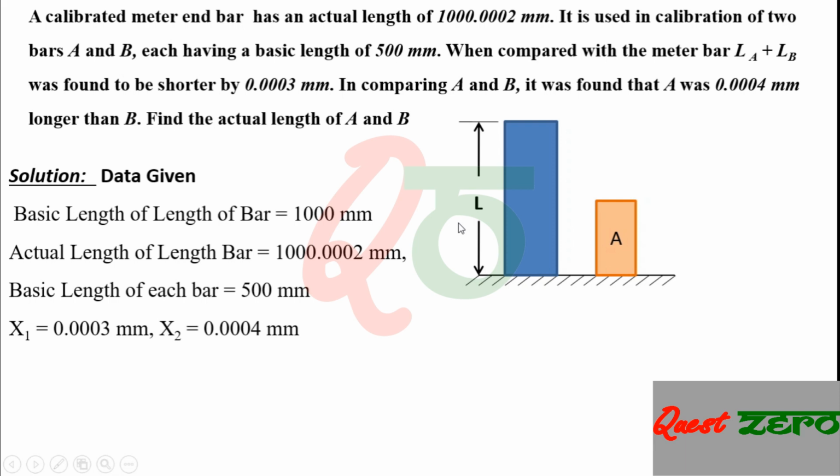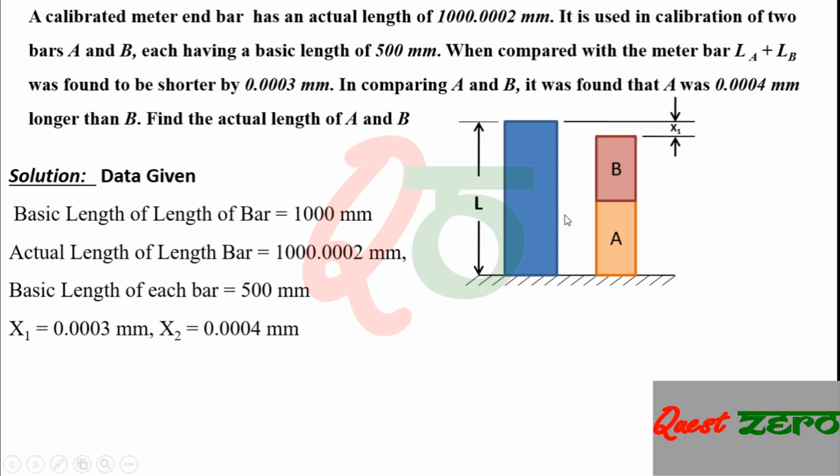Next, A and B, when both are wrung together and kept beside L, there is a small difference. The question states that LA plus LB is shorter than the actual length bar L by 0.0003 mm. We will represent that as x1. So x1 equals 0.0003 mm.